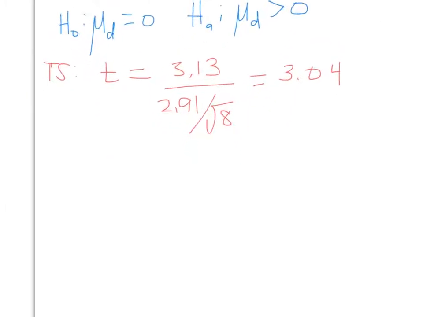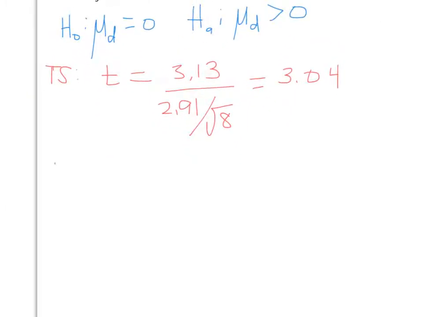And we have a pretty straightforward looking up of a p-value. Our degrees of freedom is 7, and we've got a right-tailed test. Finding that value using the calculator online, it is 0.0094.